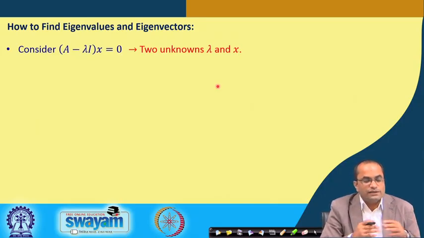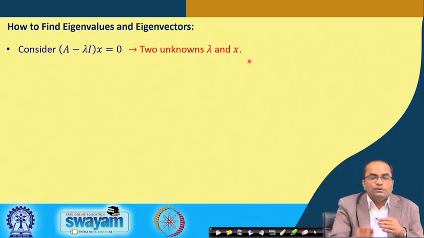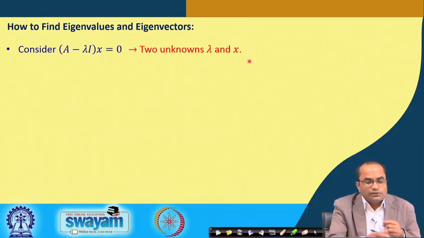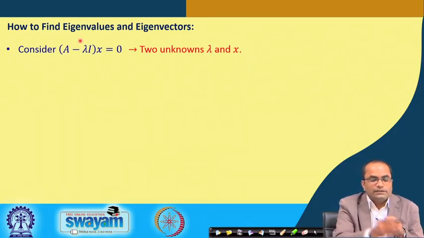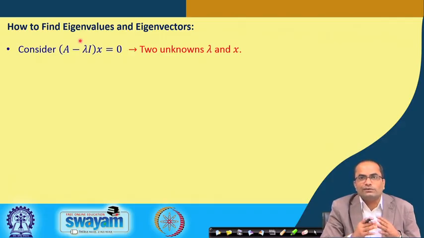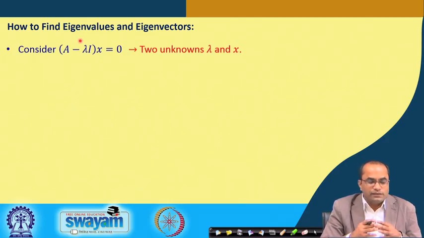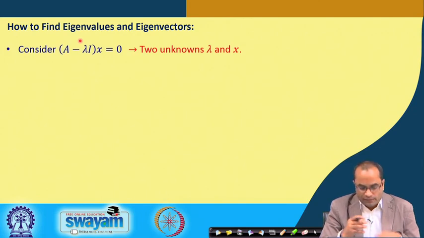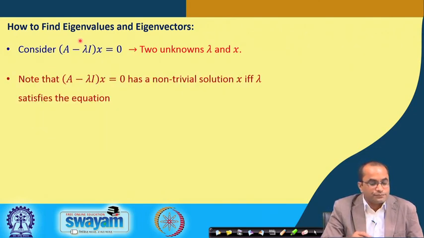There is one equation, A minus lambda I x is equal to 0, a system of linear equations, with these two unknowns, lambda and x. How to compute these two unknowns so that they satisfy this equation? The lambda is a scalar and x is a vector with n components if the matrix A is an n cross n matrix.